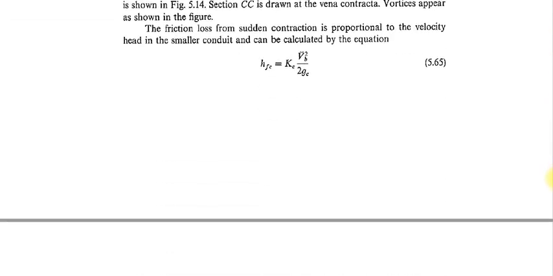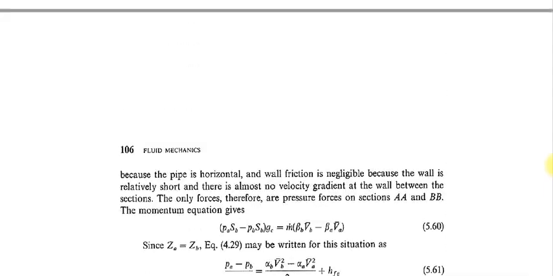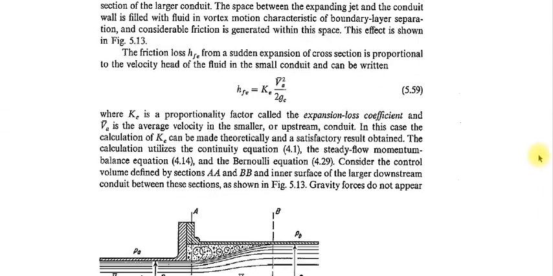So the friction loss due to the sudden expansion can be calculated by this formula: hfe equal to Ke V square by 2Gc. Gc is used when you are using the British unit. If you are using the SI unit, then this Gc will be removed. You have to remember this is not g, this is not gravity, this is Gc. This coefficient will come when you are solving the problem in the British unit.